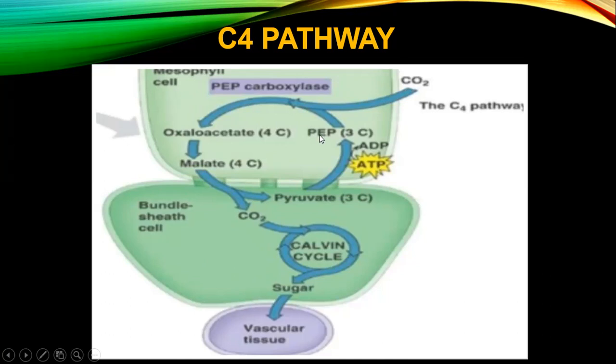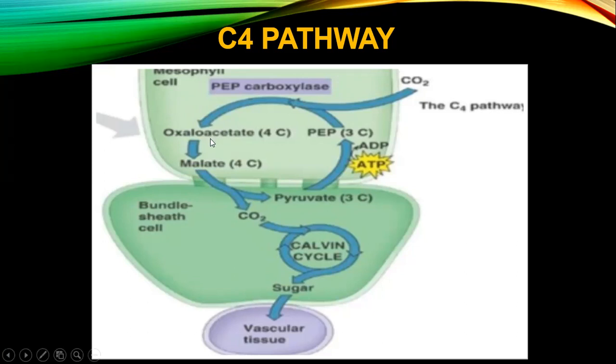When phosphoenol pyruvate combines with carbon dioxide, as a result a 4 carbon molecule is formed, which is called oxaloacetate. This is the very first compound formed in the light independent reaction. So that's why these plants are called C4 plants and this pathway is called the C4 pathway.